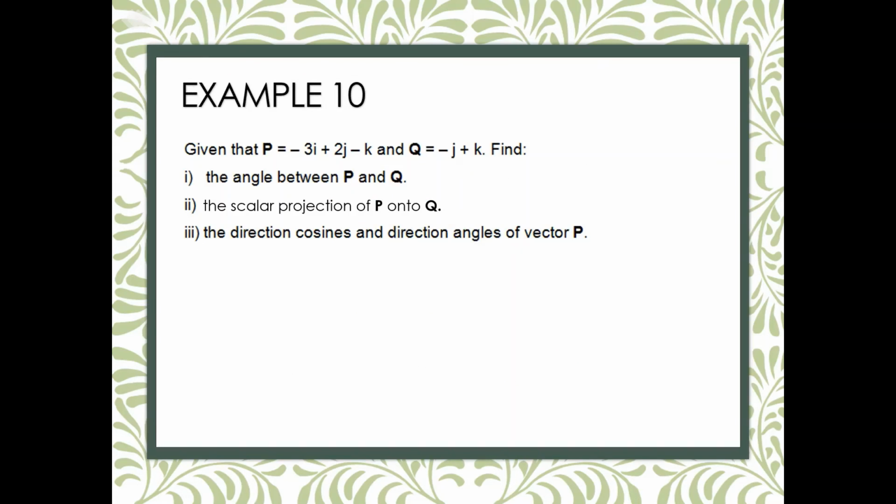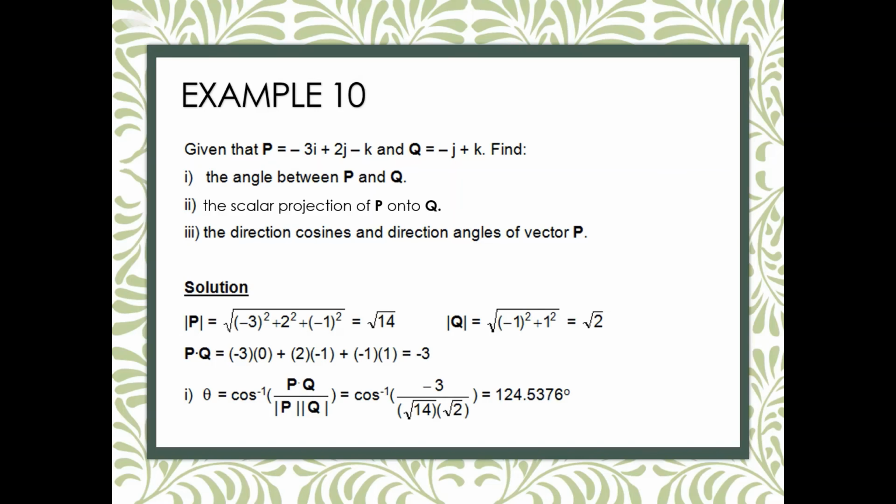Refer to example 10. Given two vectors P and Q, you need to find the angle between these two vectors, the scalar projection of P onto Q, and the direction cosines and direction angles of vector P. Magnitude P is equal to the square root of negative 3 square plus 2 square plus negative 1 square, which is equal to square root 14.